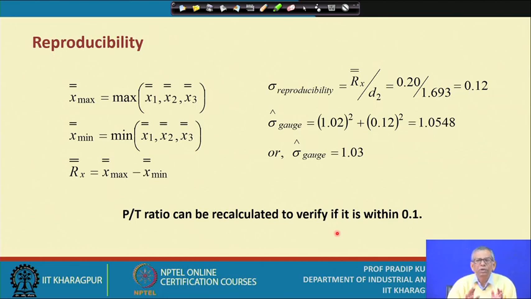So what we have done is calculate sigma square total, and one important component in sigma square total is sigma square gauge. That was the first level of calculations. At the second level, sigma square gauge is equated with sigma square repeatability as well as sigma square reproducibility. That is why we are engaging other persons or other conditions.